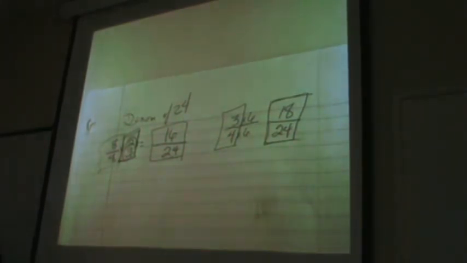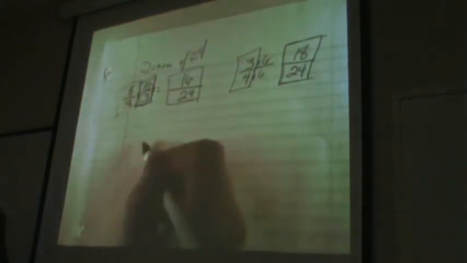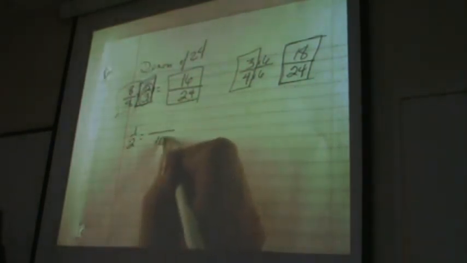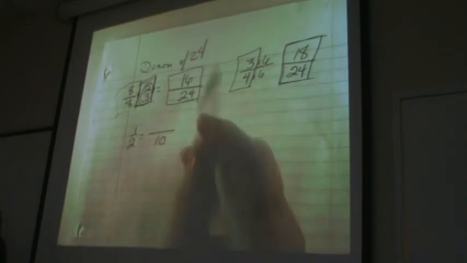So anytime you change the bottom, let's say we have the fraction 1/2 and we wanted to write it with a denominator of 10. What would we multiply 2 by to get 10? You have to multiply it by 5, so you need to multiply the top by 5. So 5/10 has the same value as 1/2.